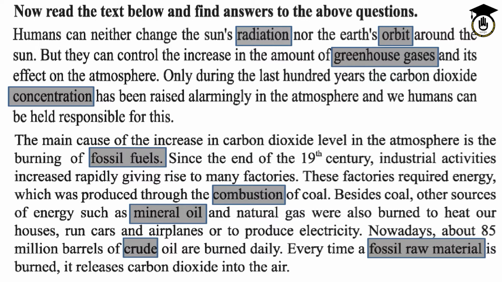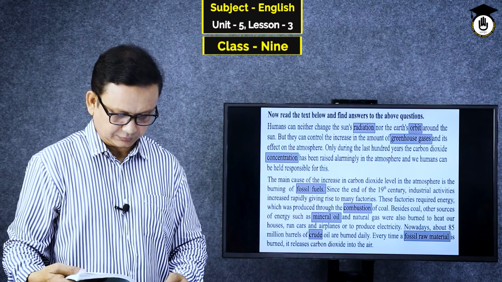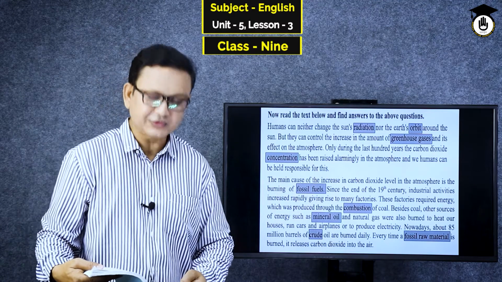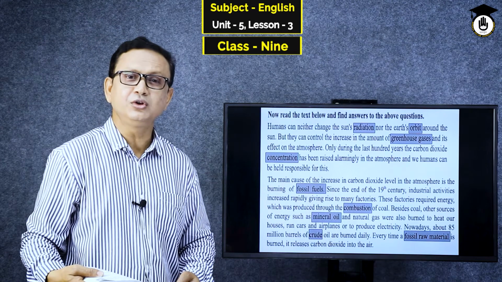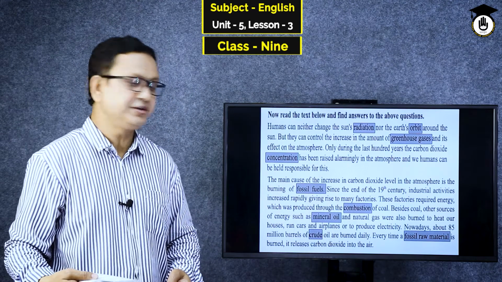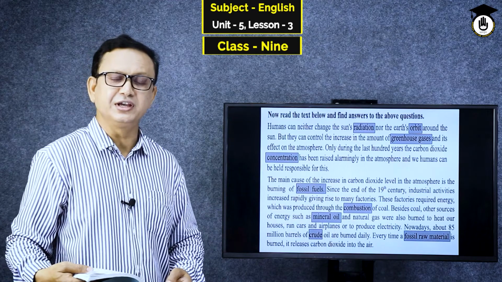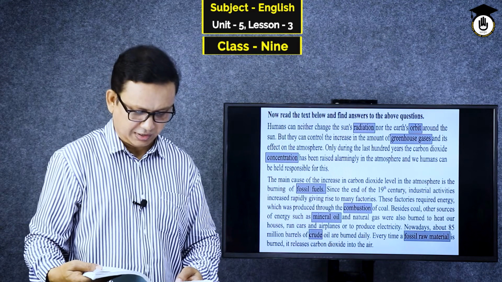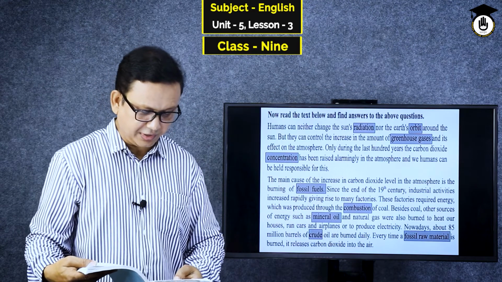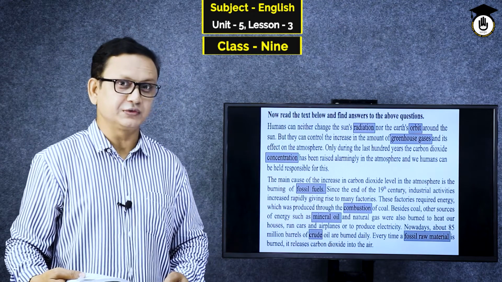Only during the last 100 years, the carbon dioxide concentration has been raised alarmingly in the atmosphere. Concentration means a lot of something in one place. So in the last 100 years, carbon dioxide has increased alarmingly in our atmosphere, and we humans can be held responsible for this.